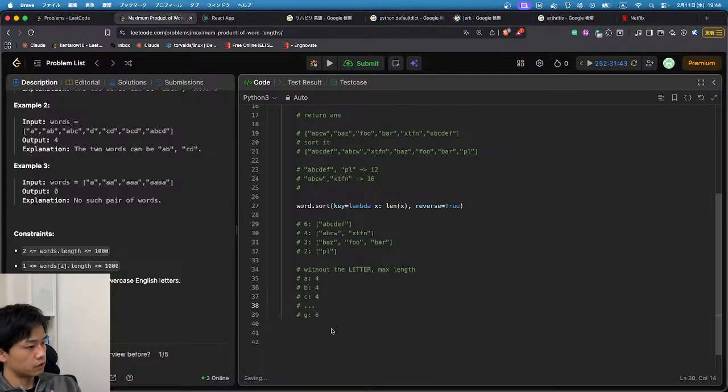We can make this kind of data structure, and we check A, B, C, D, E, F one by one, for each letter.